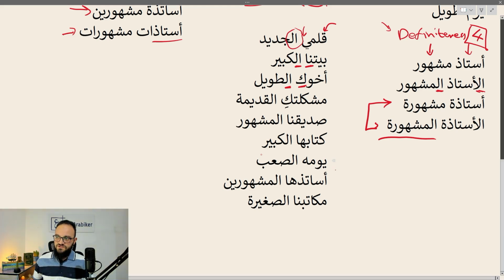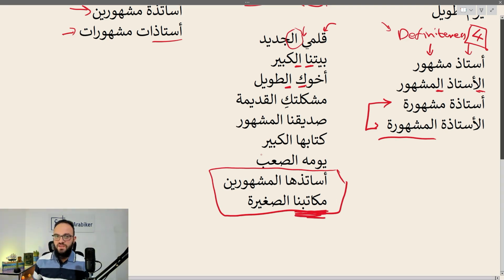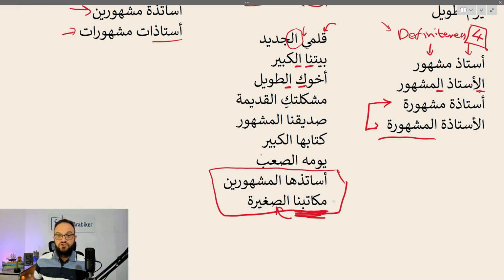Also, these two examples might have raised a question in your mind. How come the word makatib is plural while the adjective modifying it is singular? The answer is simple, but you need to remember it and practice until it becomes natural to you.